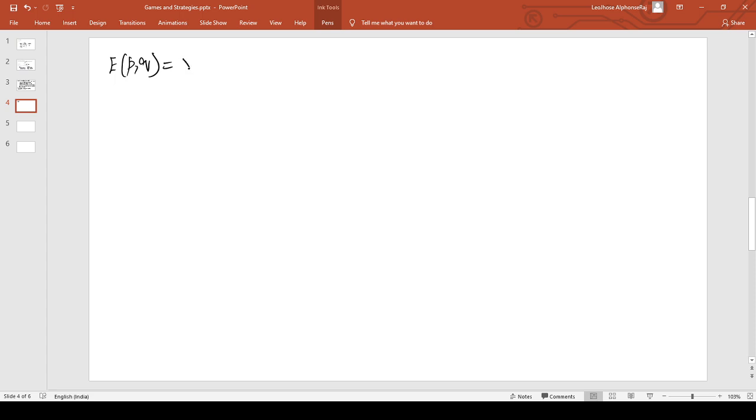So E of P comma Q is lambda P1 Q1 plus A12 minus A22 into P1 plus A21 minus A22 into Q1 plus A22, where in this A22 I'm just going to multiply and divide by lambda.